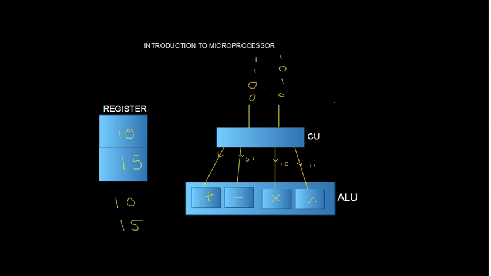According to that signal, the operation is done by the ALU. Here I have taken a simple circuit for understanding, but in the actual case the ALU can perform a large number of operations. As the number of operations increases, the size of the opcode also increases. In such case, it is very difficult to remember.